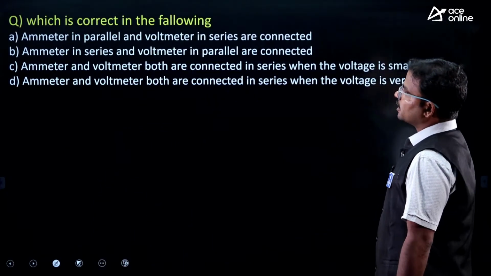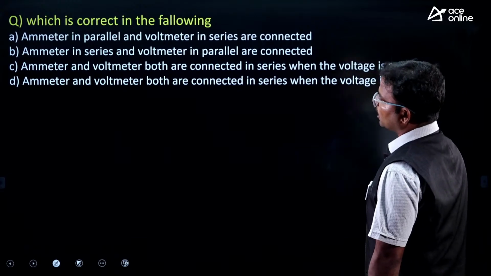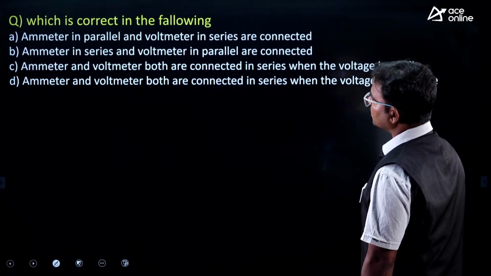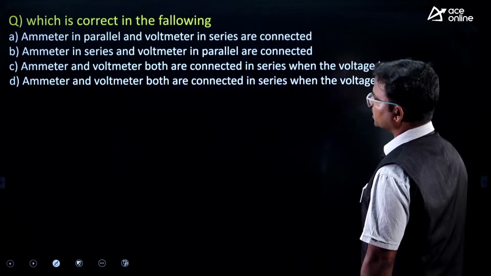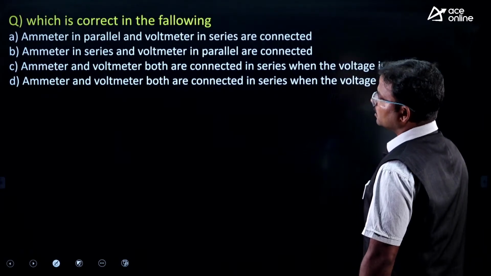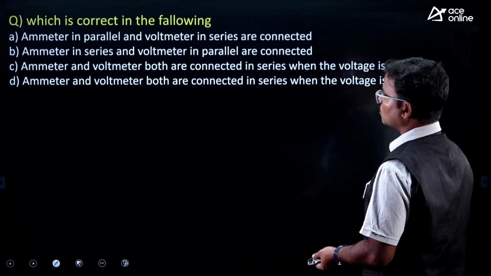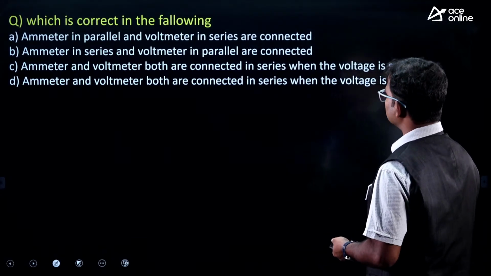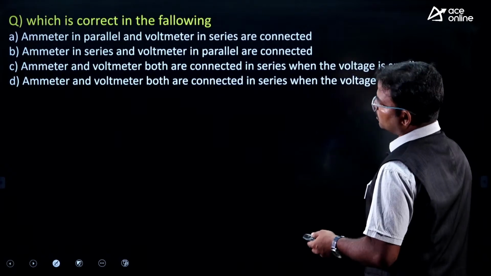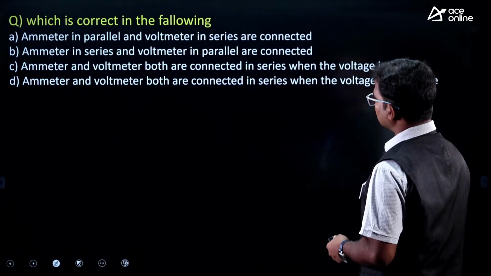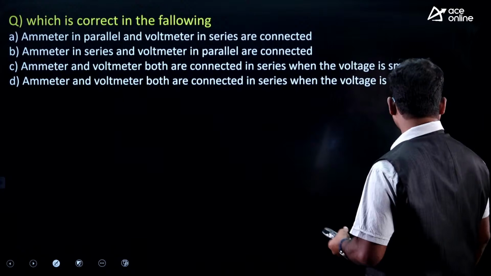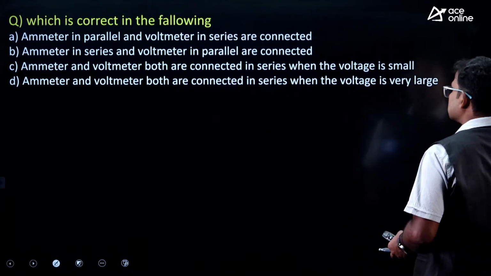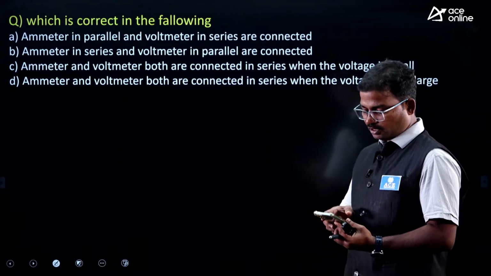Next one, which is correct in the following? Ammeter in parallel and voltmeter in series are connected. Next, ammeter in series and voltmeter in parallel are connected. Next, ammeter and voltmeter both are connected in series when the voltage is small. Next, ammeter and voltmeter both are connected in series when the voltage is very large. So what is the correct option here? Anyone?